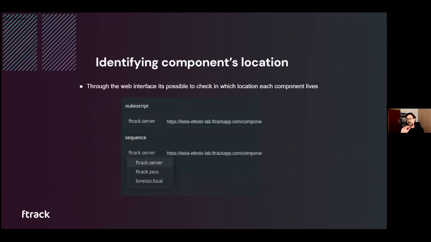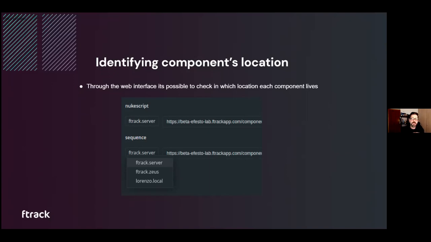As we said, components can live in multiple locations. How can we see that visually? Through the web interface. You might be used by now to the publishing page, the versions, and the components that live within the version. You have the component name, and underneath, the location, which usually is just one.